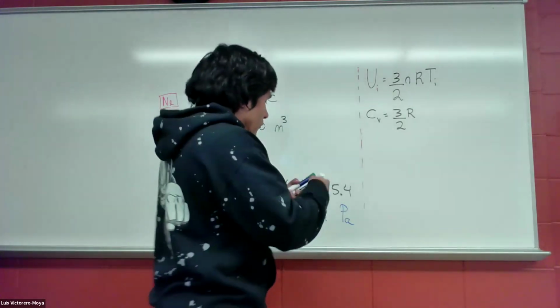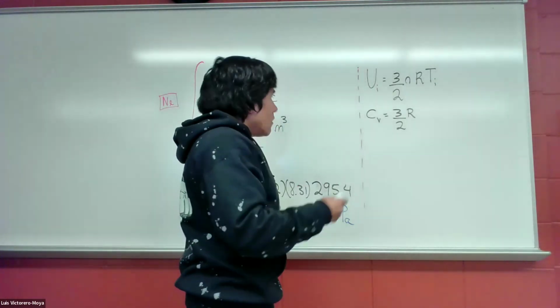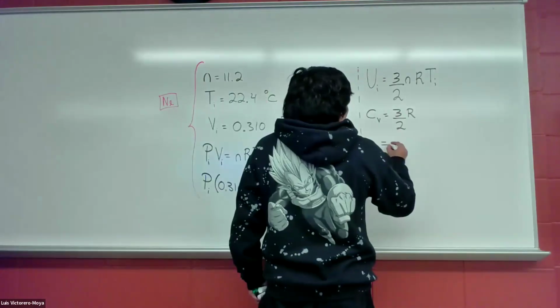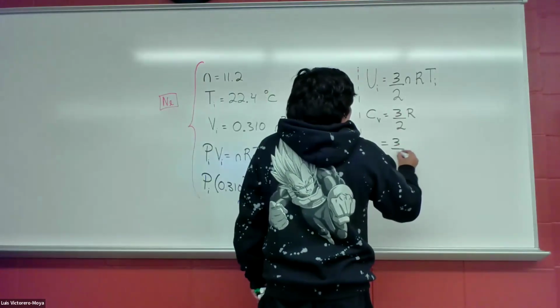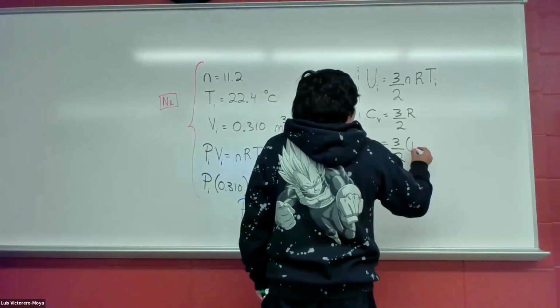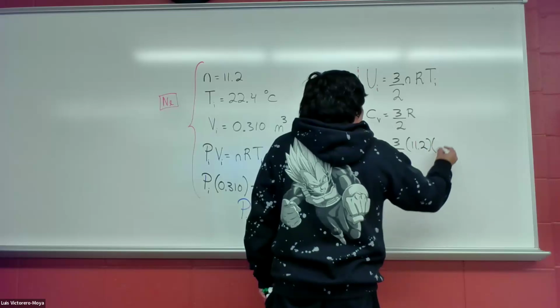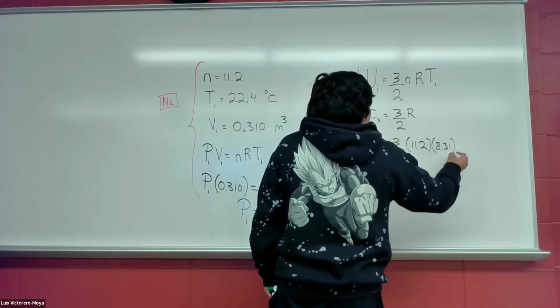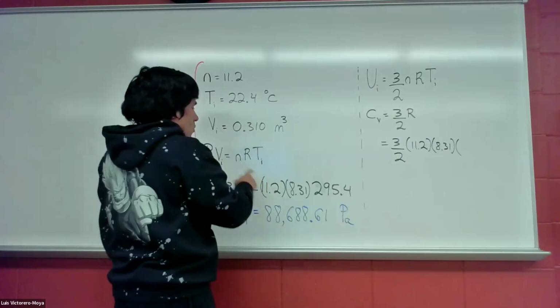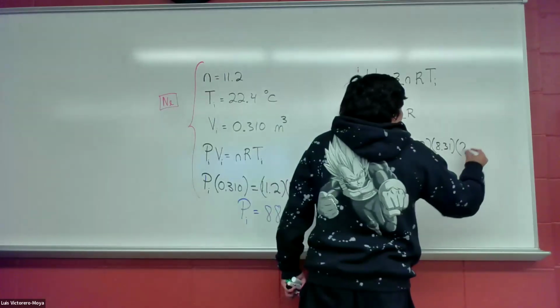So if I want to find the value of this in joules, 3/2 of 11.2 times 8.31 times the initial temperature, 295.